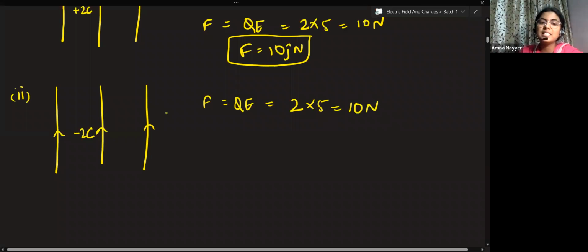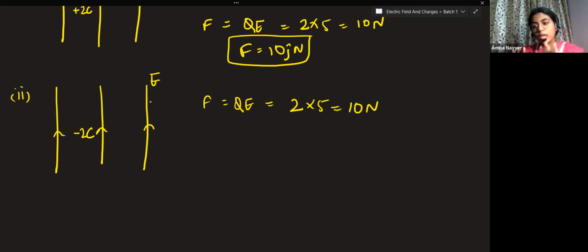But now, since this is a negative charge, remember that for a negative charge, the direction of electric field and force are opposite to each other. So if the direction of electric field is the upwards axis, means positive y-axis, means the unit vector J cap, then electric force will be directed in the opposite direction.